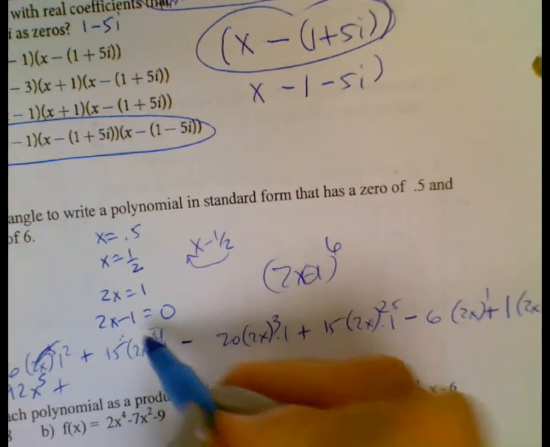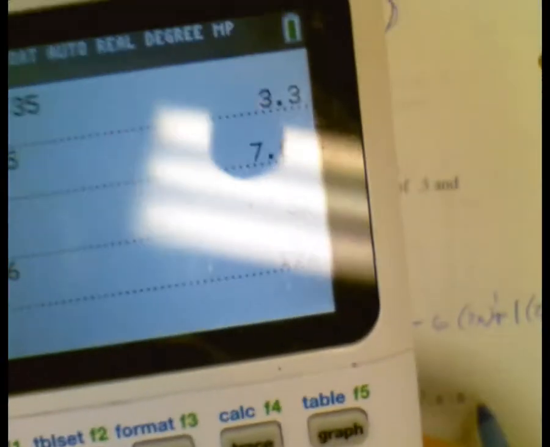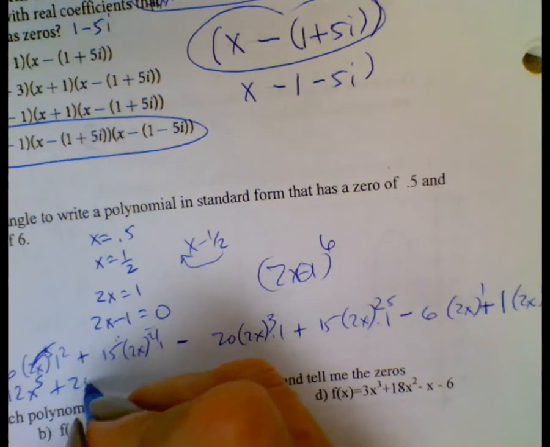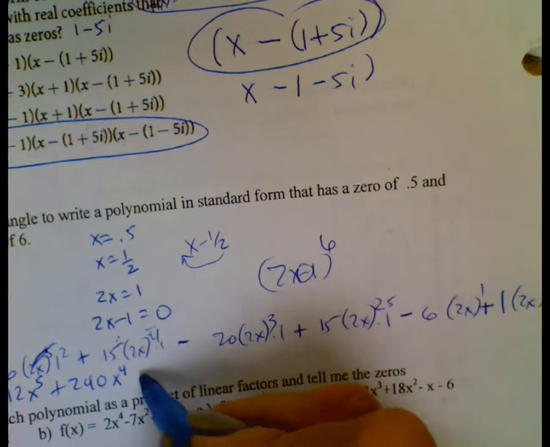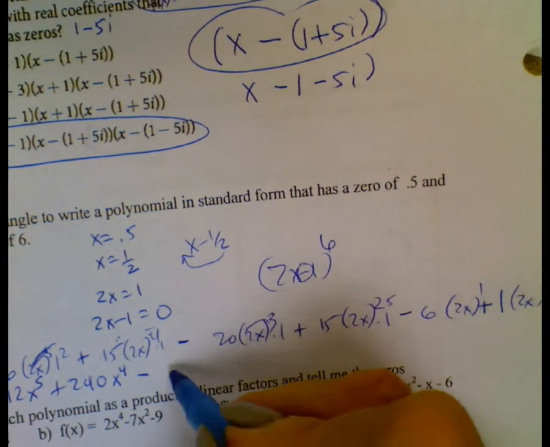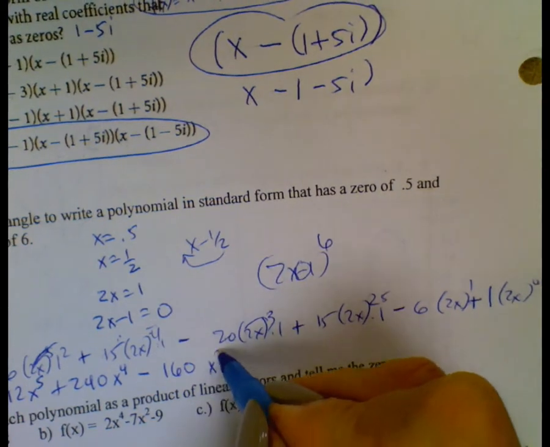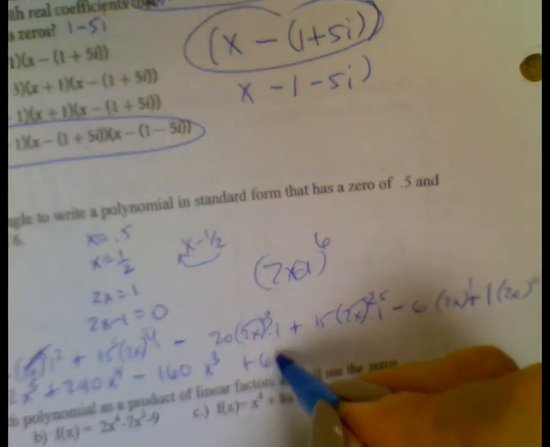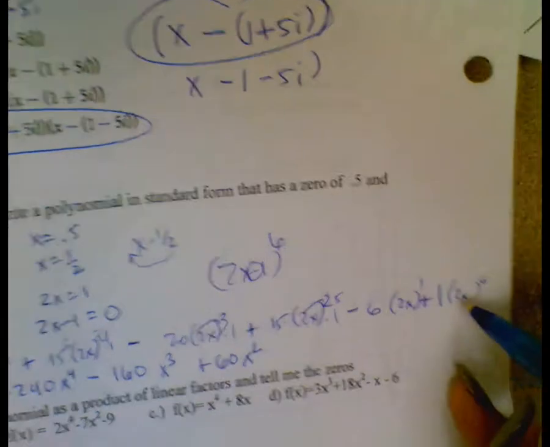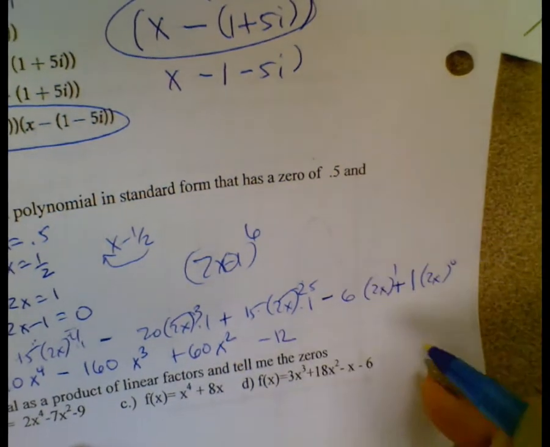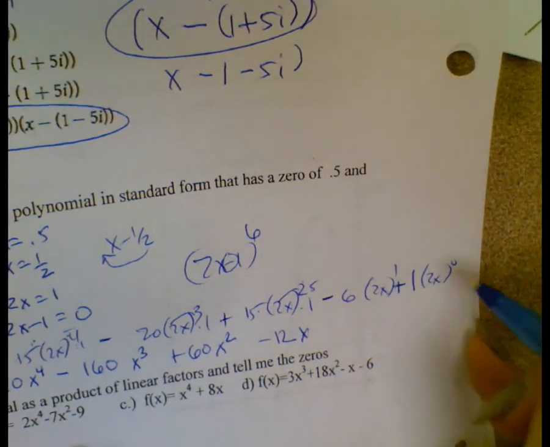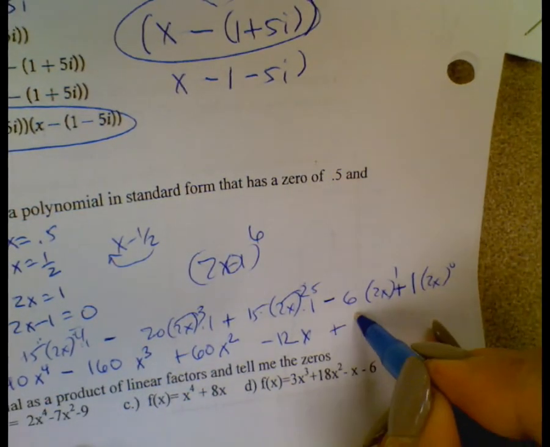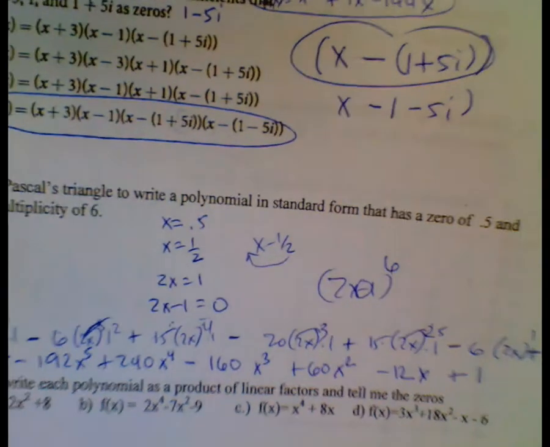Plus 2 to the 4th, so you get 15 times 2 to the 4th, 240, and you're decreasing your exponents. 2 cubed is 8 times 20, x to the 3rd. And then 2 squared is 4, 4 times 15 is 60, x to the 2nd. Then this one is 2 times 6, x. And the last one is just 2 to the 0, which is 1. This should be 1. There it is.